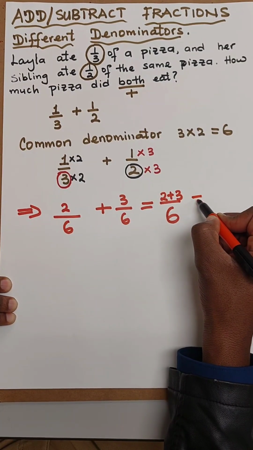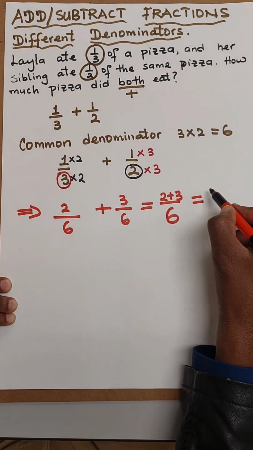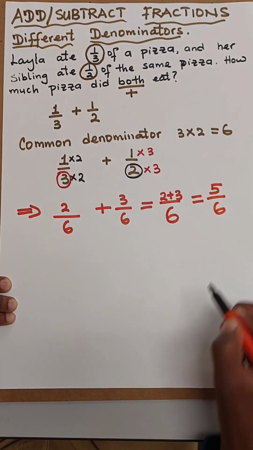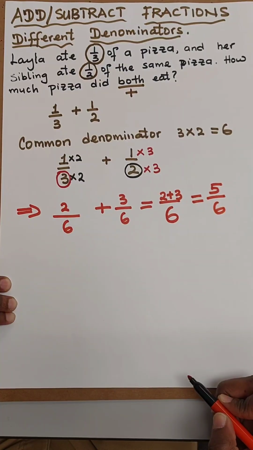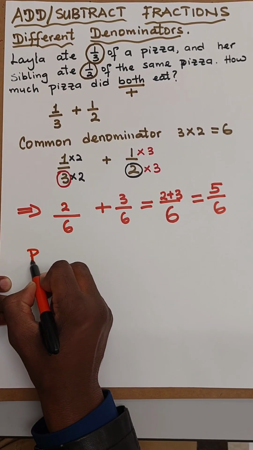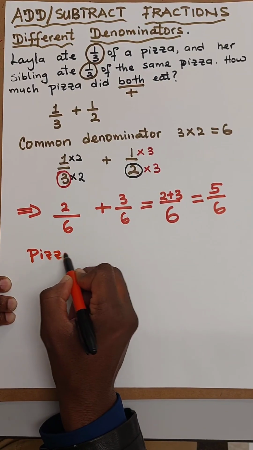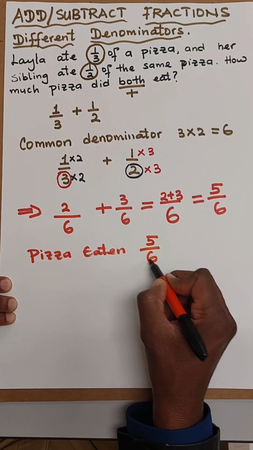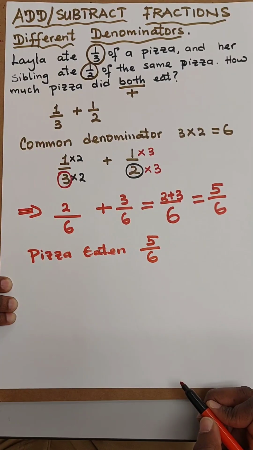So how many pieces were eaten all together? 5 pieces out of the 6 pieces of pizza were eaten. So how much pizza was eaten? The pizza eaten will be 5 out of the 6 pieces of the pizza.